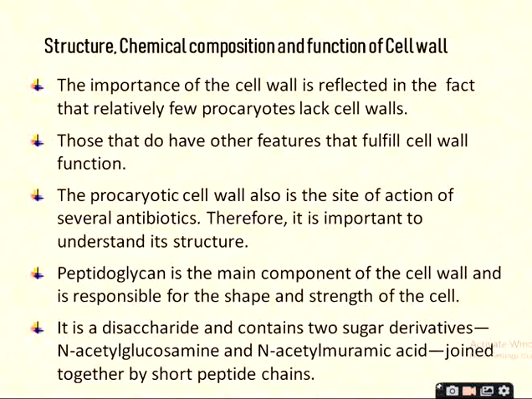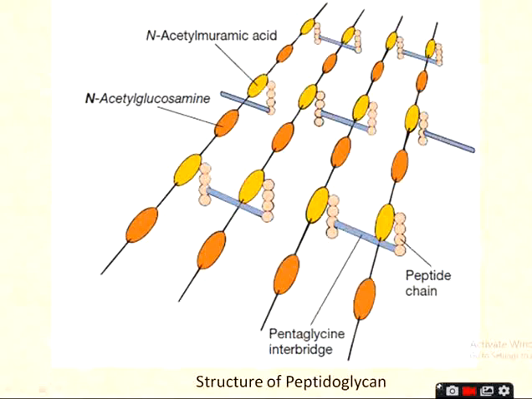It contains two sugar derivatives, N-acetyl glucosamine and N-acetyl muramic acid, joined together by short peptide chains. This is the conjugated protein that is involved in the synthesis of the cell wall. See, this is the composition of peptidoglycan.